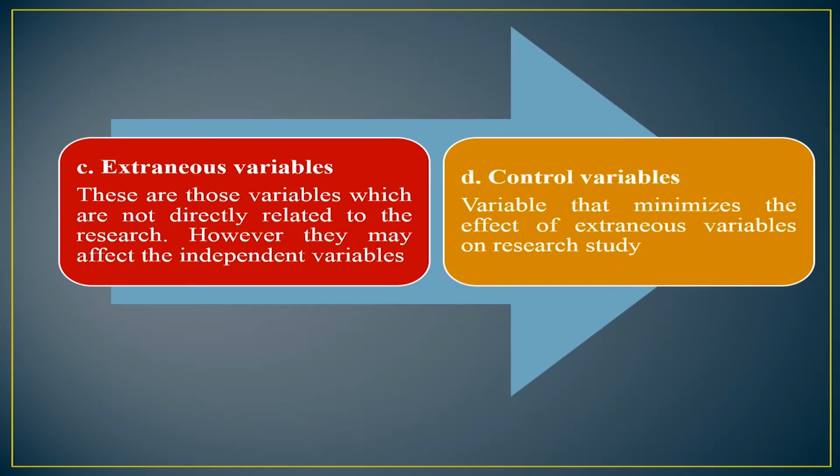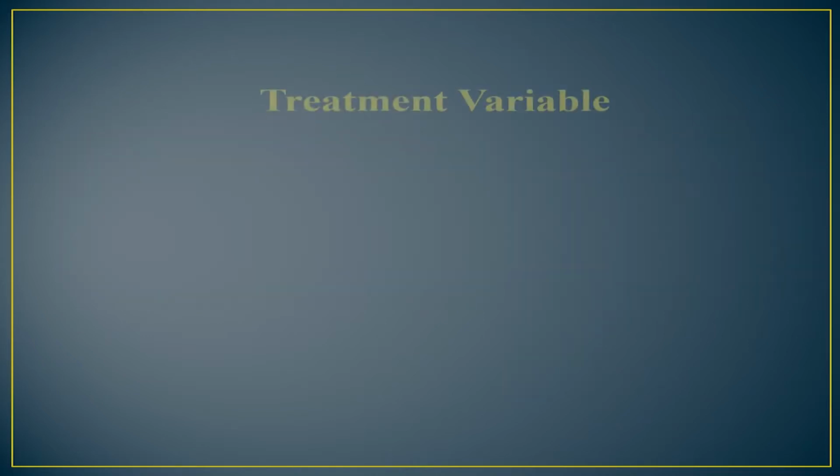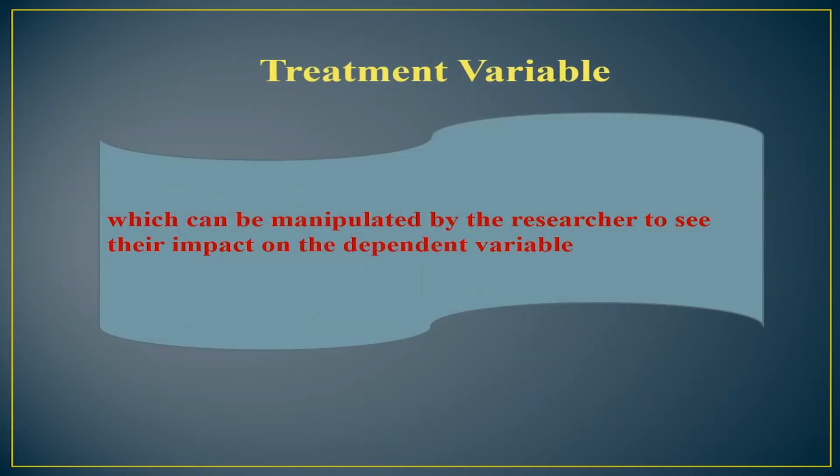Extraneous variables are those variables which are not directly related to research. However, they may affect the independent variables. Control variables are the variables that minimize the effect of extraneous variables on the research study. Treatment is a variable which can be manipulated by the researcher to see its impact on the dependent variable.